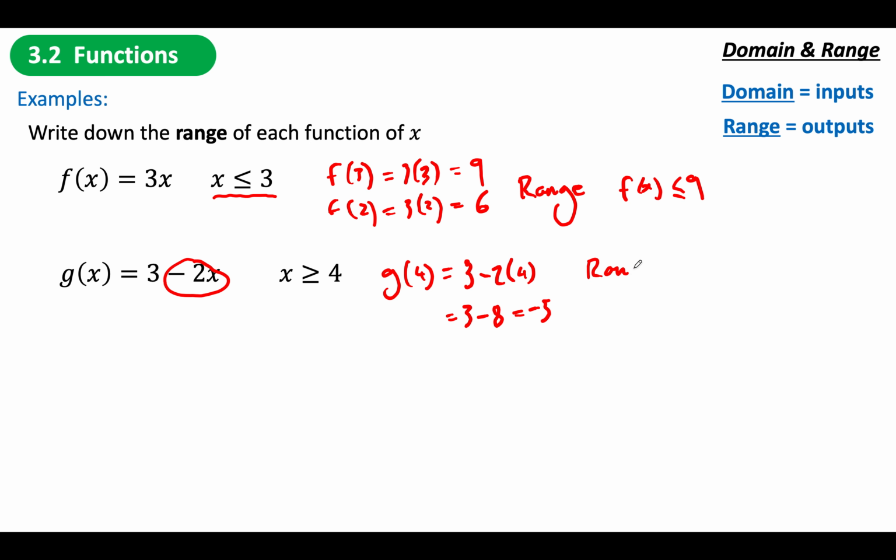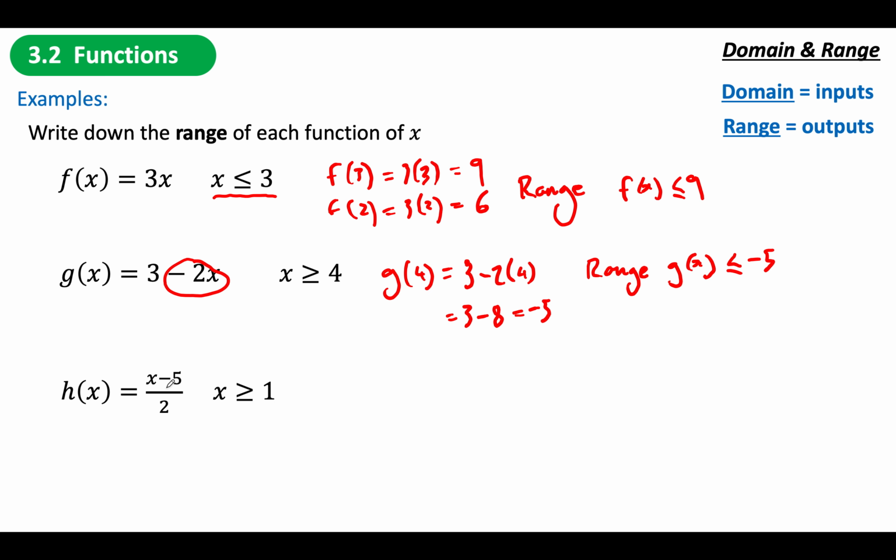So my range of g of x, the biggest it can be is -5. And then it's just going to get lower and lower from there. They're going from 4 upwards. I'm not substituting any negative numbers into this. So that will be less than or equal to -5.